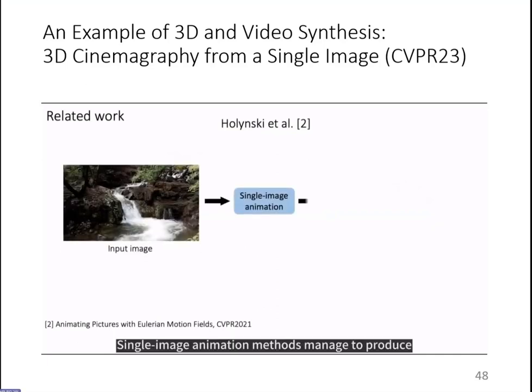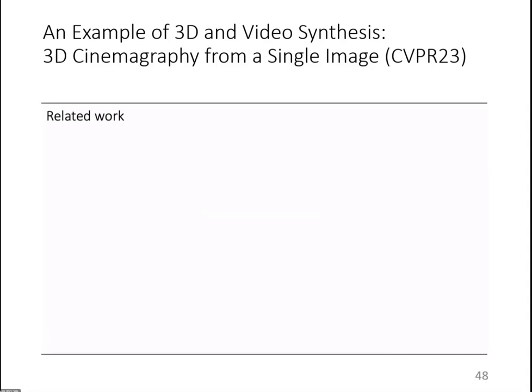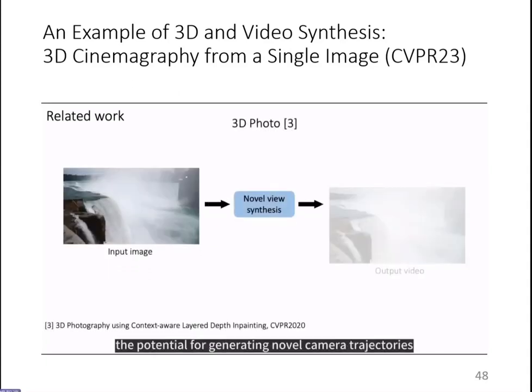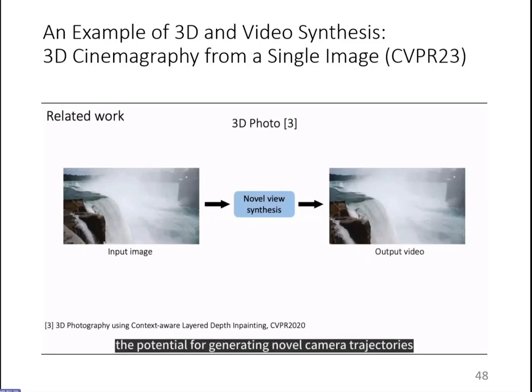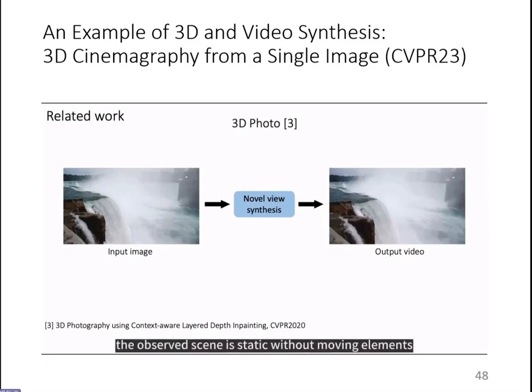Single image animation methods manage to produce a realistic animated video from a single image, but they usually operate in 2D space, and therefore they cannot create camera movement effects. Single-shot novel view synthesis approaches exhibit the potential for generating novel camera trajectories of the scene from a single image. Nonetheless, these methods usually hypothesize that the observed scene is static without moving elements.